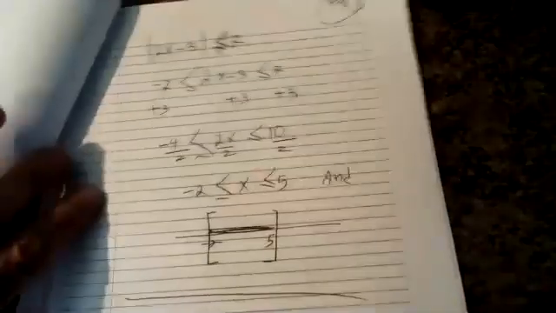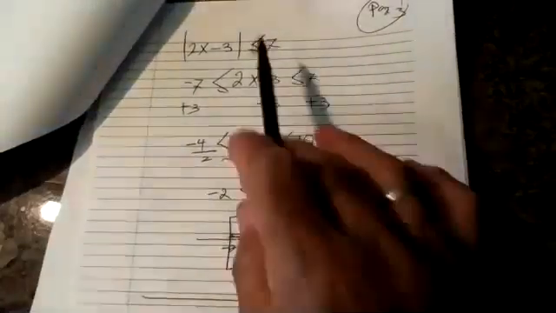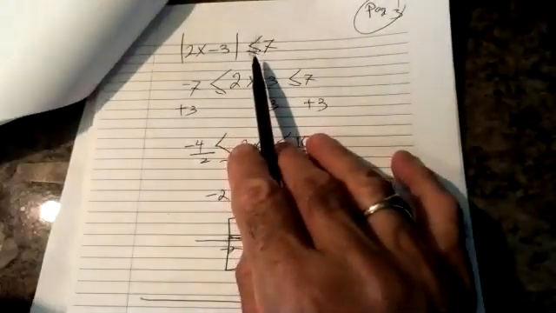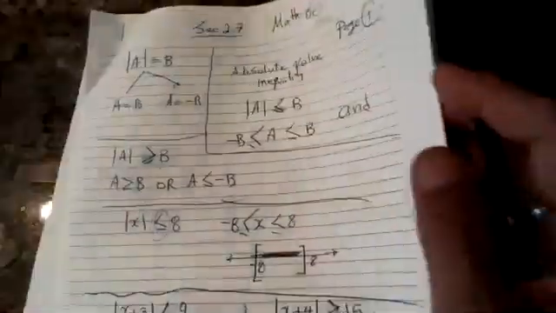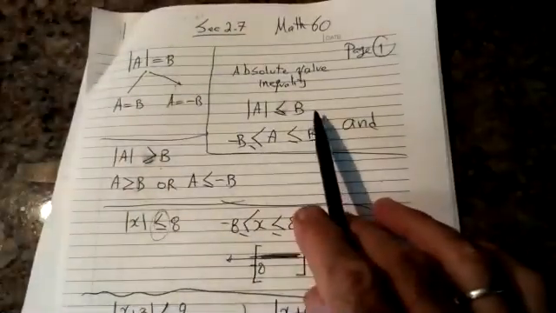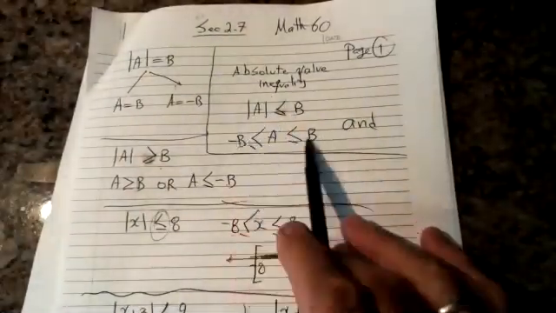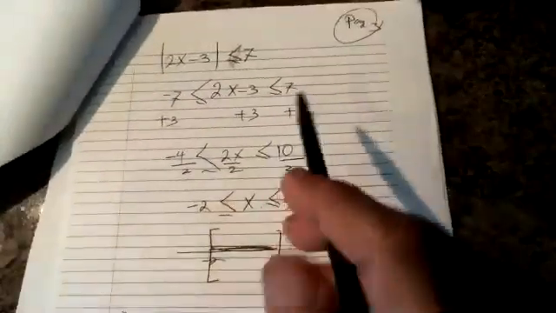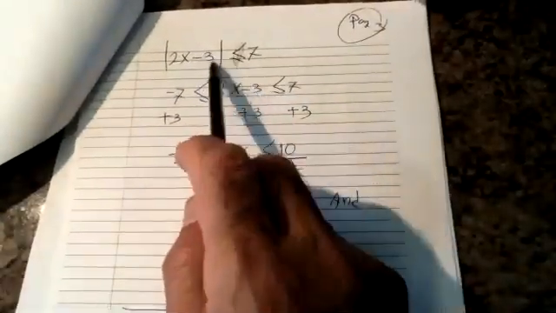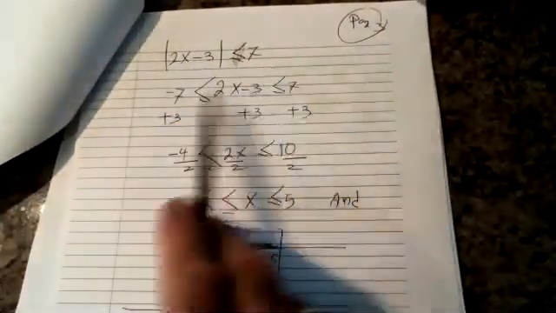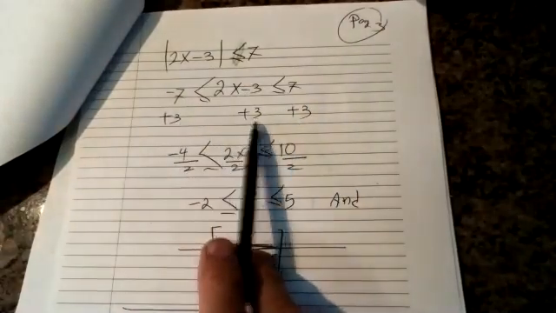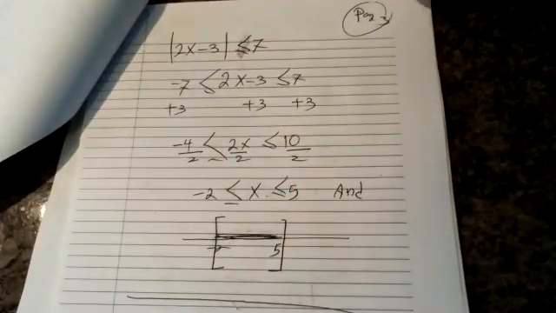Same thing. Here it is less. When it's less, what formula do I use? This means what you have inside of the absolute value is between b and negative b. What we have inside of the absolute value, which is 2x minus 3, you put that between 7 and negative 7, okay? And then you just solve it like that.